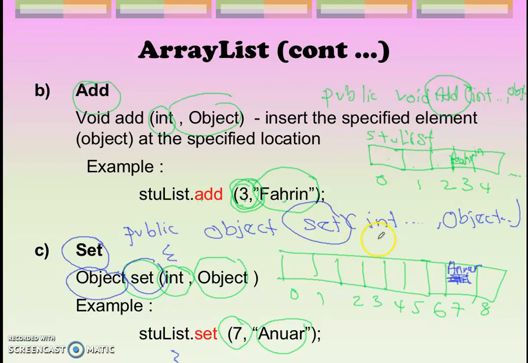Object means that anything that you want to insert ataupun anything that you want to use inside this, dia akan accept as object. So bila you guna set dalam ni, you nampak bila you update, automatically dia akan jadi object. Nanti kita akan tengok lah, but I just want to highlight dia akan jadi object lah.